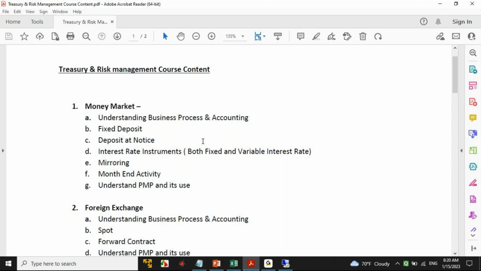So this kind of business understanding you should have, because when you go for the interview, these are the scenarios they are going to ask about, and they will ask how you are going to manipulate the accounting entries. I will discuss all these things in my sessions: when you are using interest rate swaps and other interest rate instruments, how you have to manipulate the accounting entries.